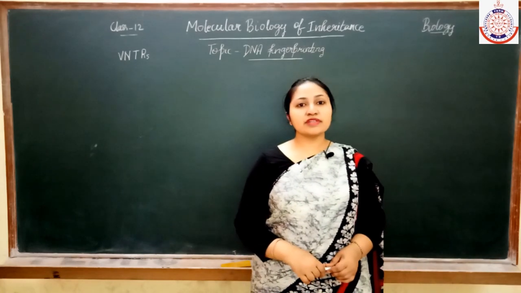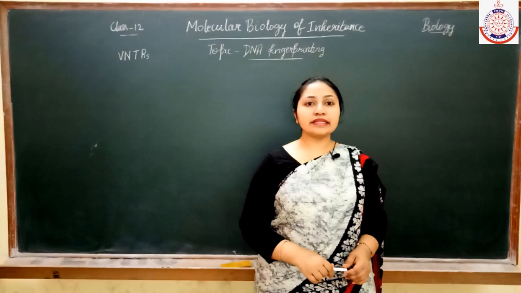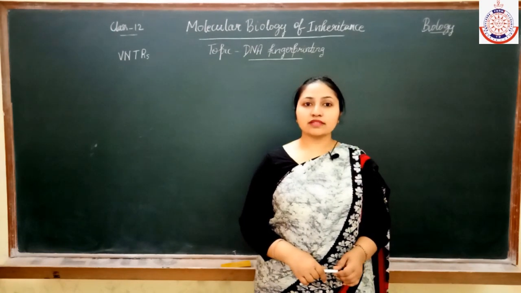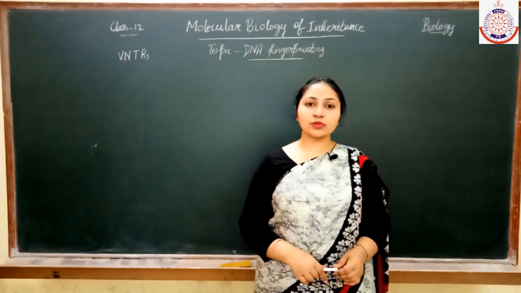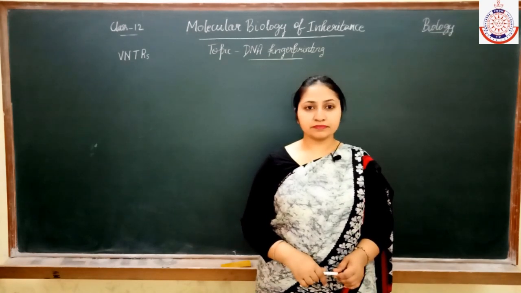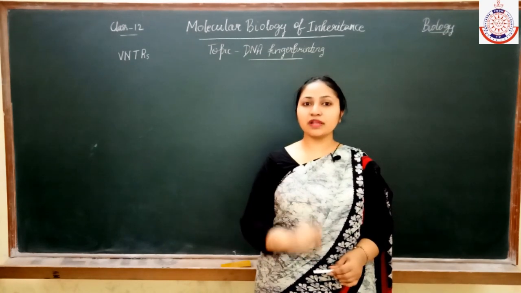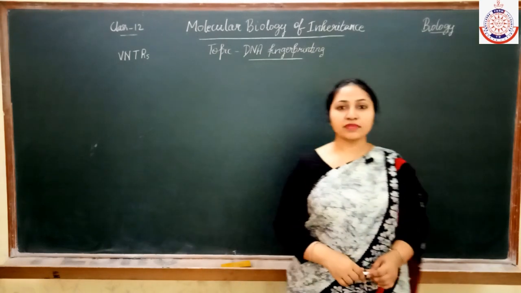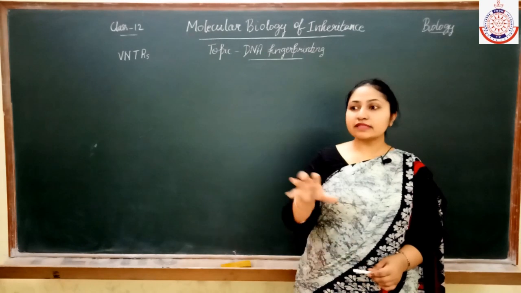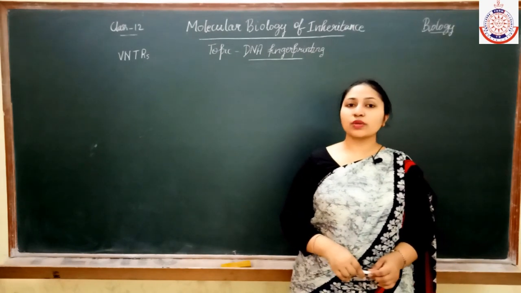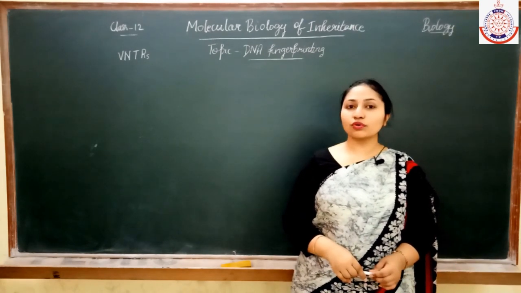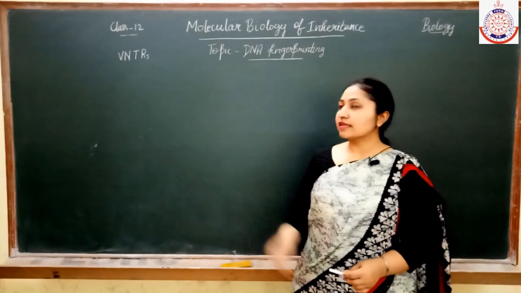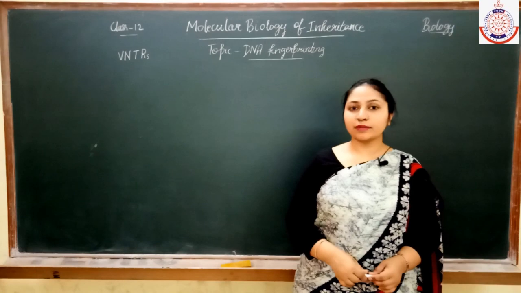In the previous lecture we discussed that around 99.9% of sequences are the same in different organisms, but around 0.1% of sequences are different. This is the basic principle on which the DNA fingerprinting method is based. These are repeated sequences present in the non-coding region of the DNA.